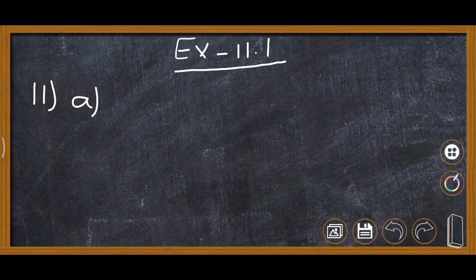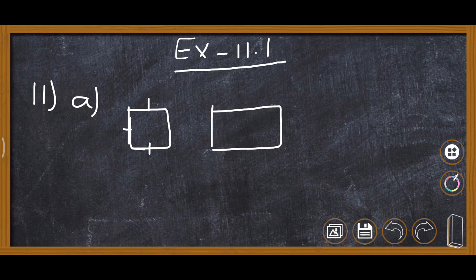Now this is 11th A pattern. Here you can see 3 are fixed and 1 is common. So we will write the formula for this. Here you can see these 3 are fixed, this and this is fixed in all the patterns, and one more.